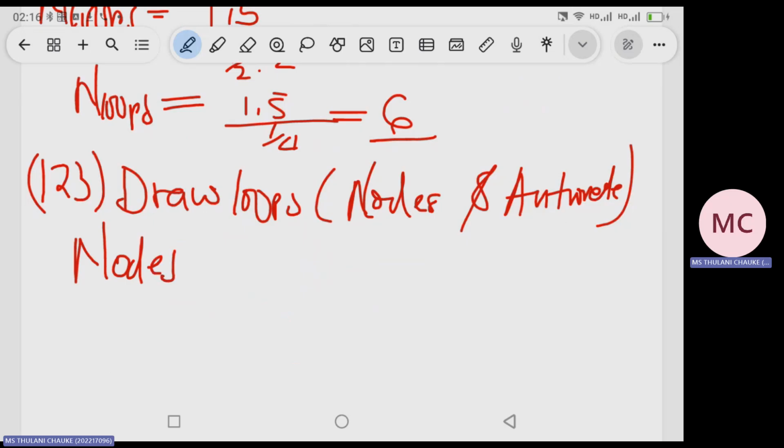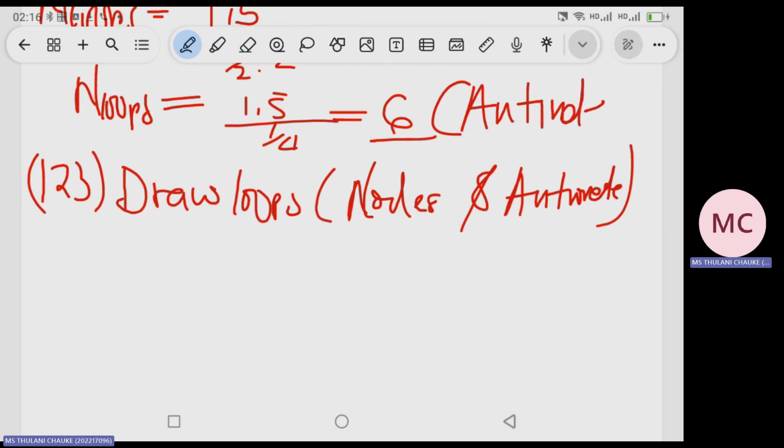The nodes will be 7, and then your antinodes will be 6. Remember, the number of loops is how many times your graph will loop, so this is still the same as the number of antinodes. When you draw the graph, you focus on the number of antinodes. So you know that my graph must go up 6 times, right?